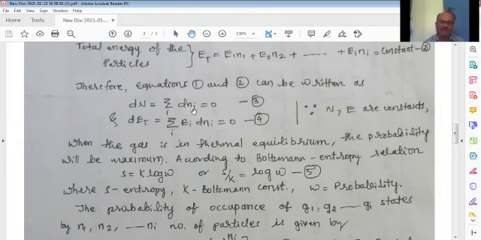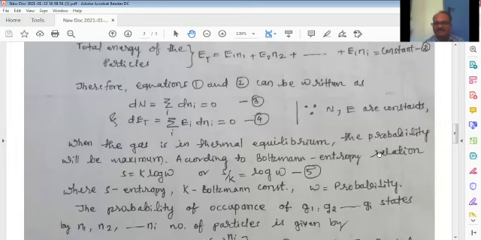But at the same time, I am differentiating that equation, so that this becomes dN is equal to summation over i of dni is equal to 0. Similarly, the second equation, that is Et is equal to summation over i of Ei ni. The energies Ei we are not going to differentiate because they are constants, therefore they are kept as they are, and only ni is differentiated, so that becomes Ei dni, summing to 0.